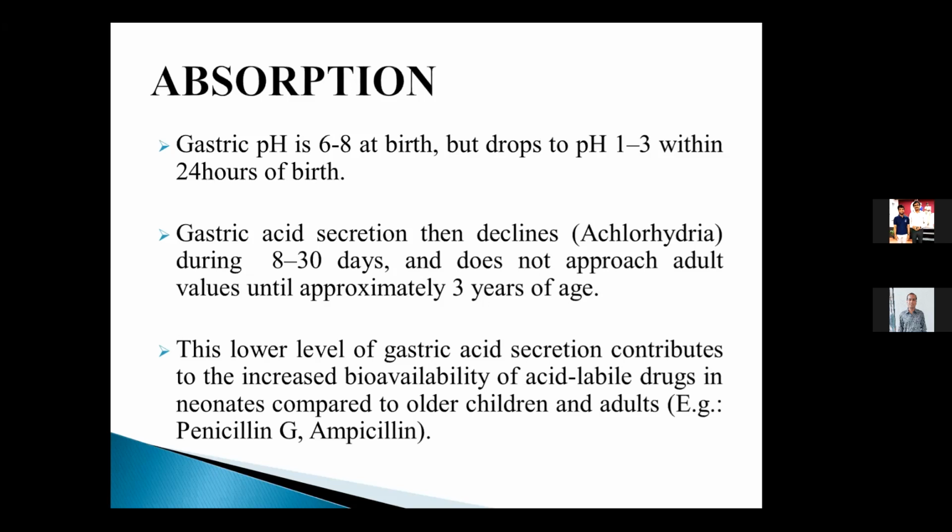Gastric acid secretion declines, achlorhydria, during 8 to 30 days and does not approach adult values until approximately 3 years of age. The lower level of gastric acid secretion contributes to the increased bioavailability of acid-labile drugs in neonates compared to older children and adults. Examples are penicillin G and ampicillin.